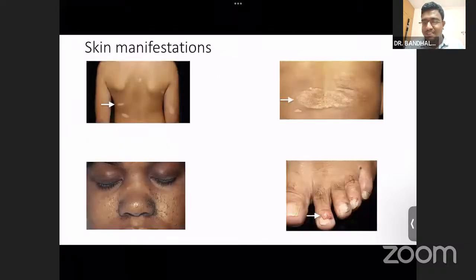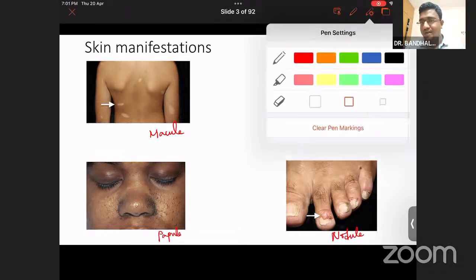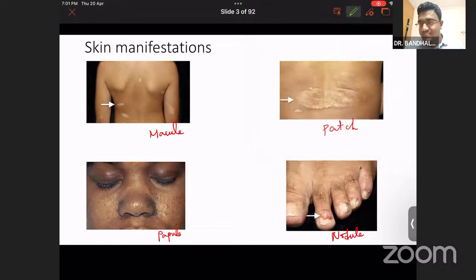For that, I will help you with an easy mnemonic: there is one macule in tuberous sclerosis, one papule, one patch, and one nodule. So all the common features are there: macule, papule, patch, and nodule.